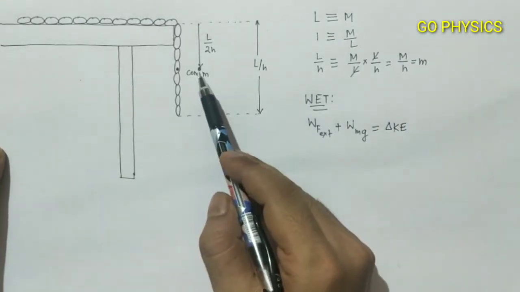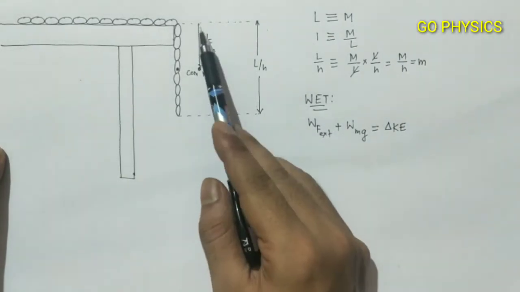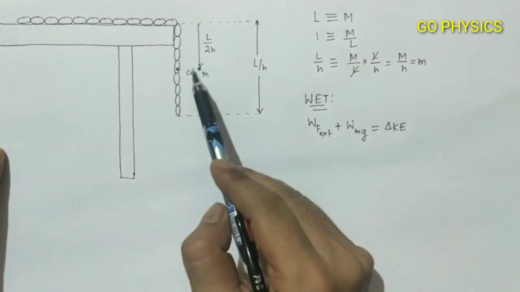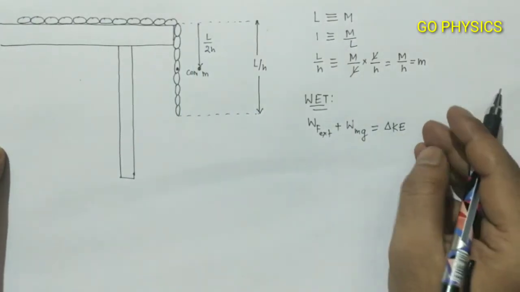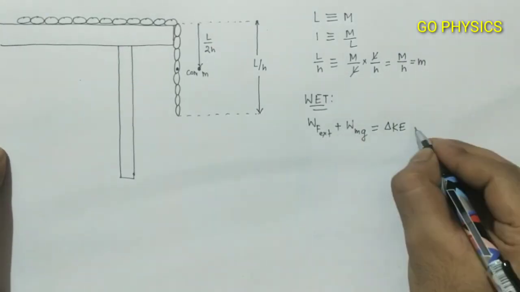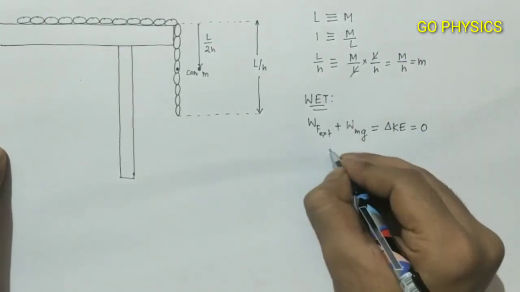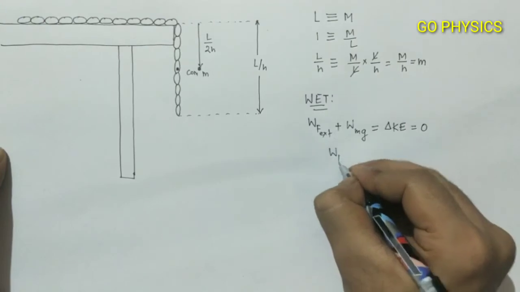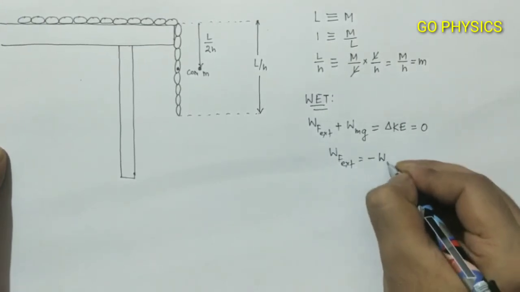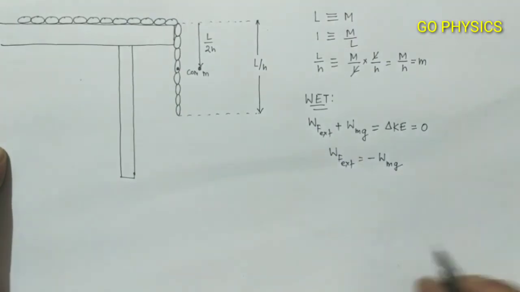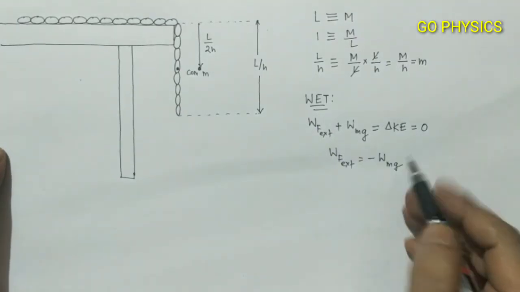Initially the center of mass is at rest, and once it reaches the table, again it will come to rest. So its change in kinetic energy will be 0. So from here we can write that work done by F external is equal to minus the work done by the mg force. So first we will calculate the work done by the mg force.